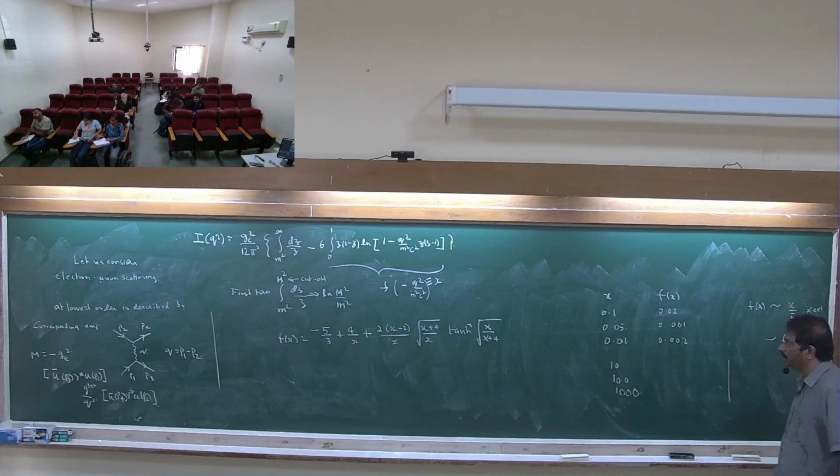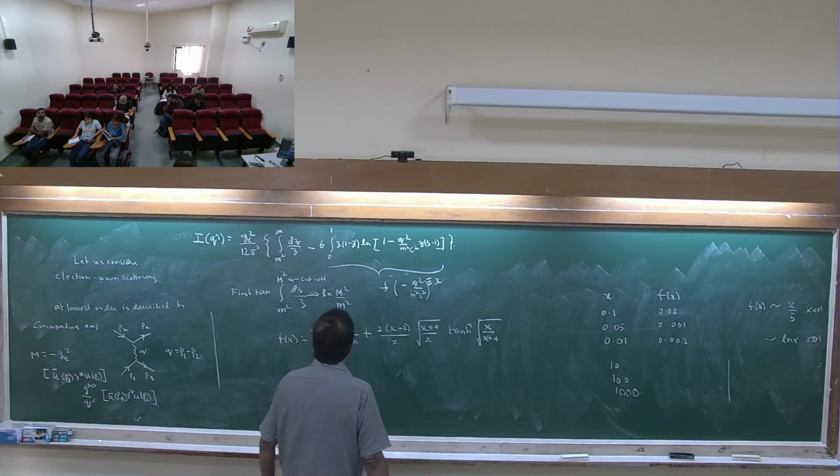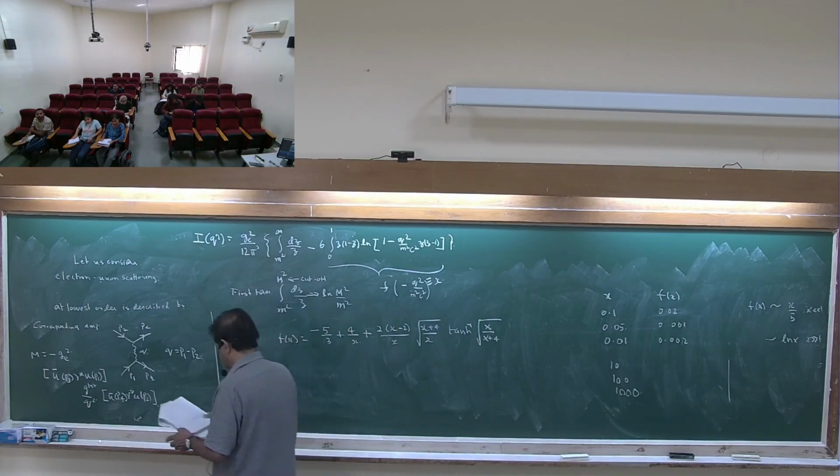Okay, so in the book of Griffiths, he says that there's a particular choice. What's the next thing he says?